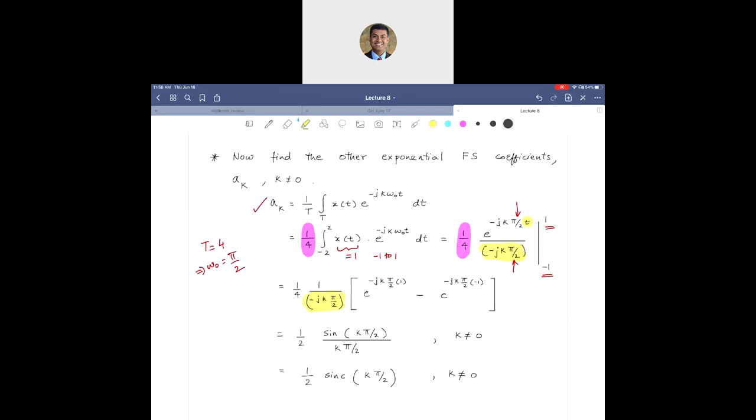So what is that? What is this? Sine x is e to the jx minus e to the minus jx divided by 2j.